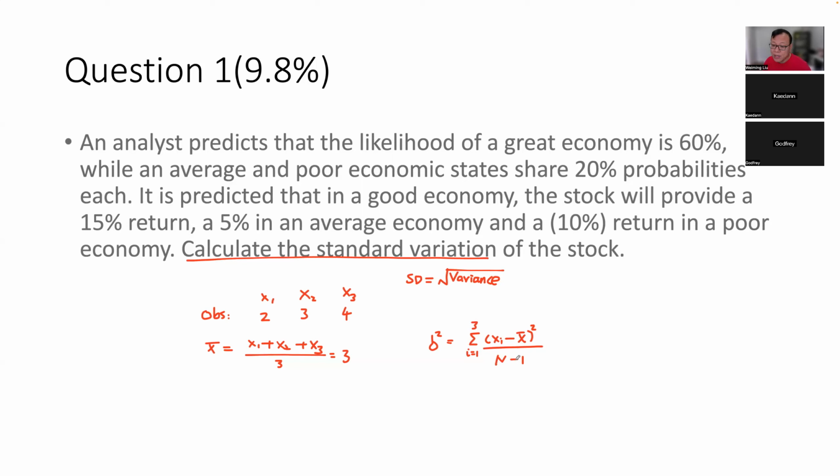And the reason why it's minus 1 is because you lost the freedom. You use these 3 numbers to calculate your x bar. So once x bar is involved in these calculations, you lost the freedom because you use the 3 together to calculate the x bar.